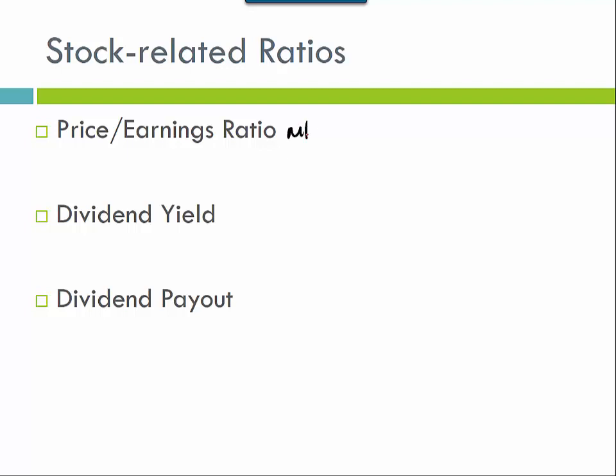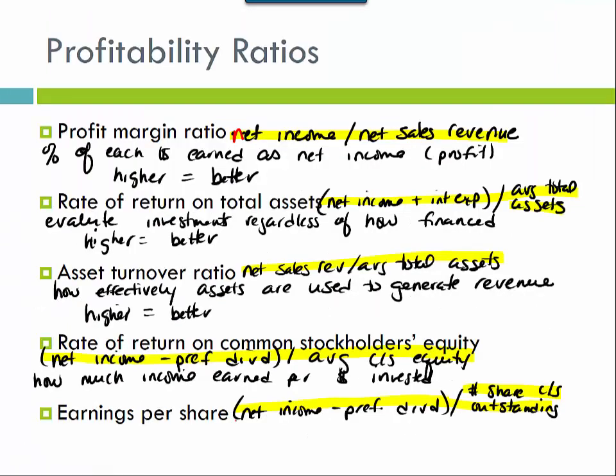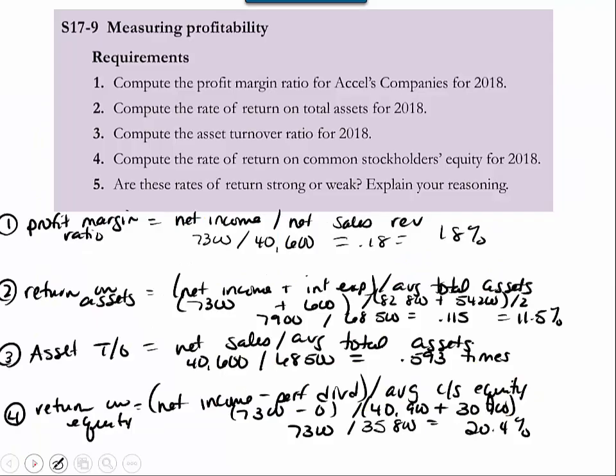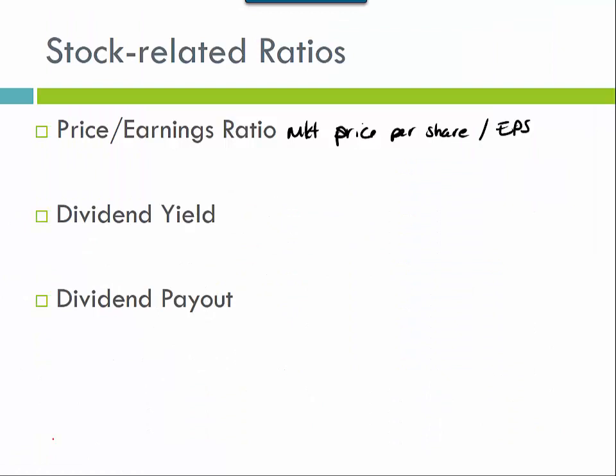Price earnings is the market price per share divided by the earnings per share, which we did here 2 slides ago. Okay, so once you get the earnings per share, you can do the PE ratio, which is a very common one.